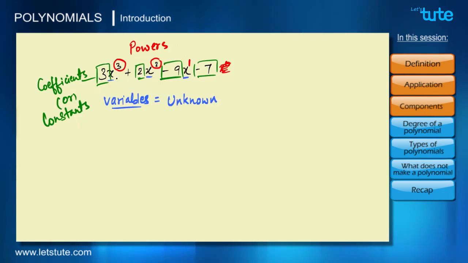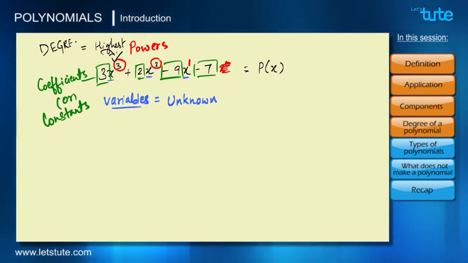Now this polynomial, which is only in terms of x, will be called p(x), and this p(x) has a highest power of 3. So this highest power of 3 is called the degree of this polynomial.